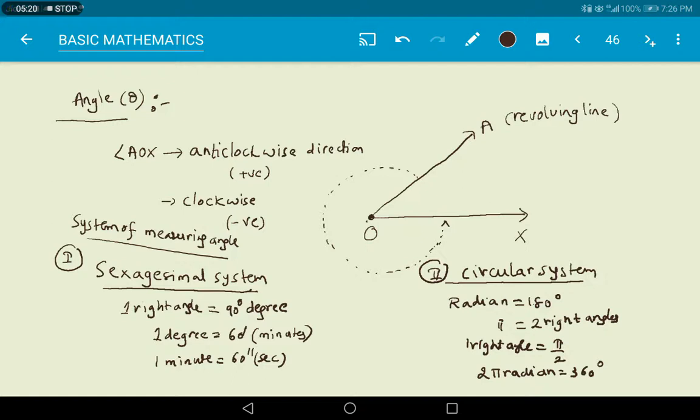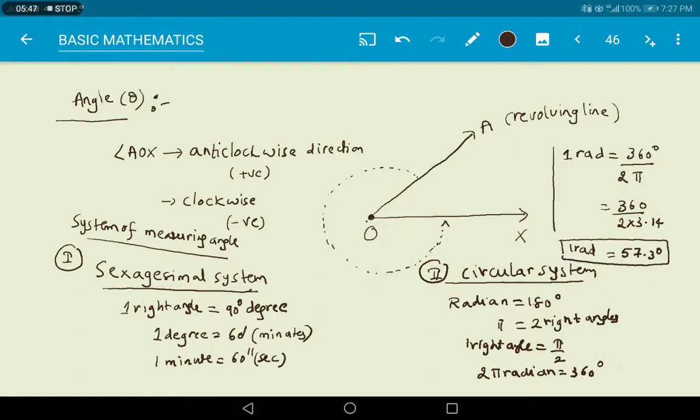Therefore 1 radian equals 360 degree by 2 pi. So 360 by 2 into 3.14, we get 57.3 degree equal to 1 radian. We need this when there is a conversion from radian to degree and degree to radian. Okay, right.